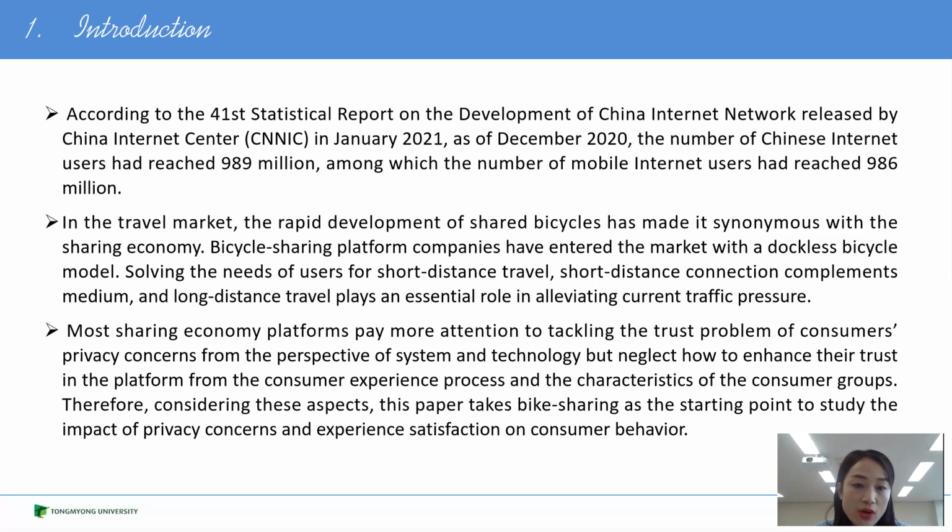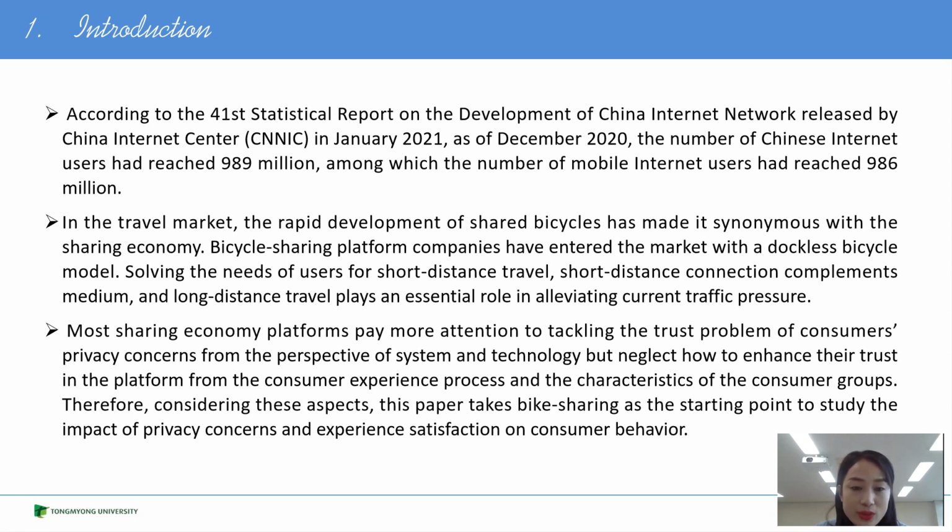Most sharing economy platforms pay more attention to tackling the trust problems of consumer privacy conflicts from the perspective of system and technology, but neglect how to enhance their trust in the platform from the consumer experience process and characteristics of the consumer groups.